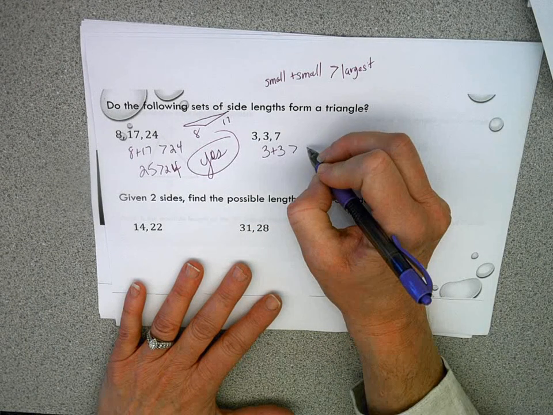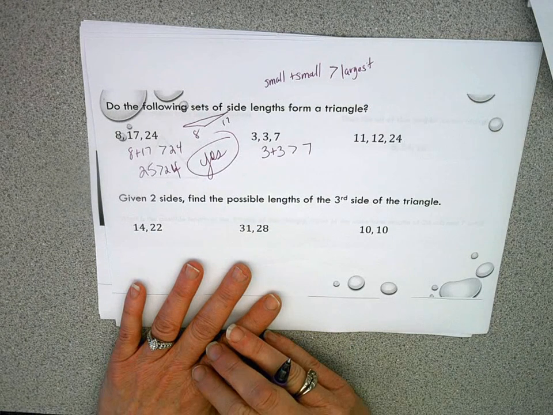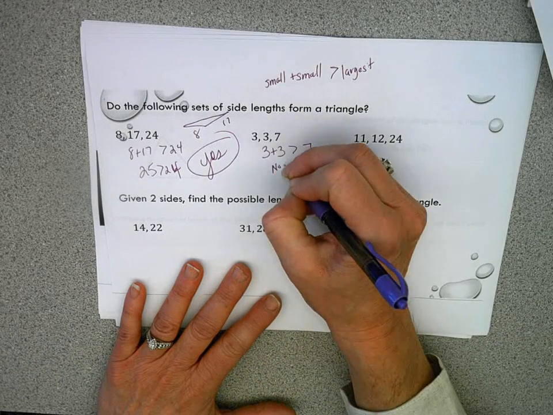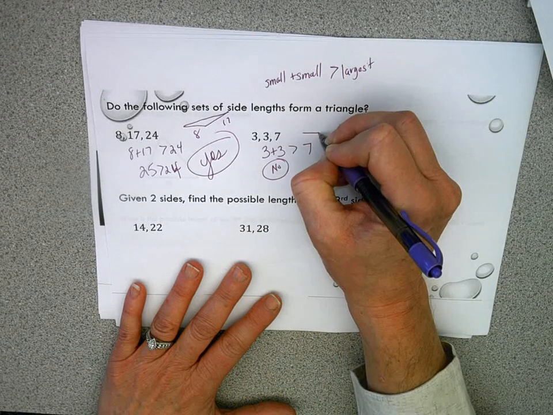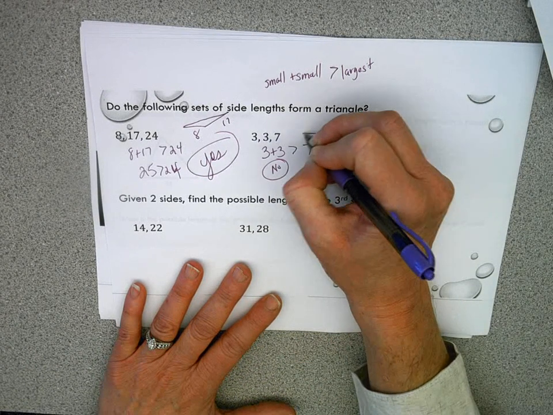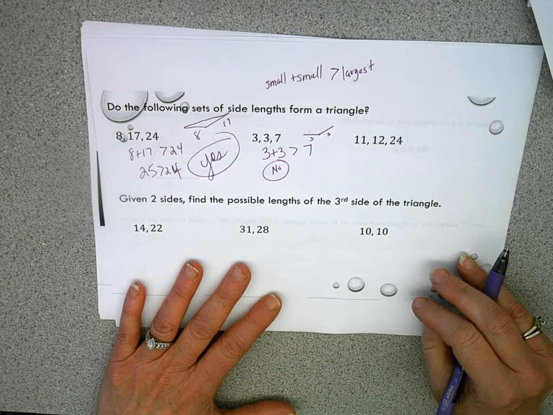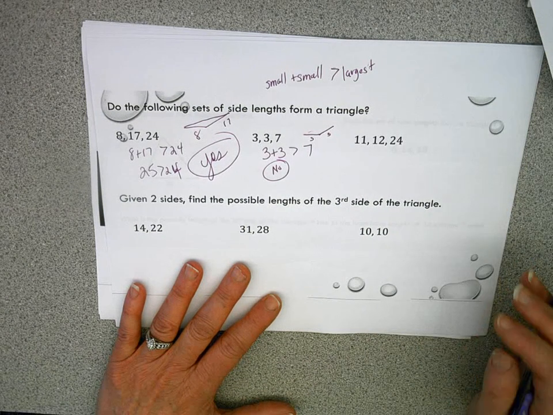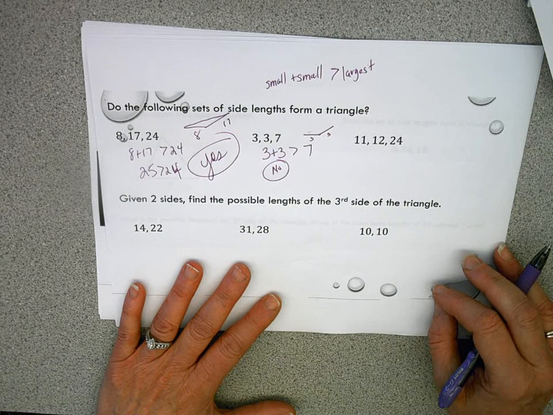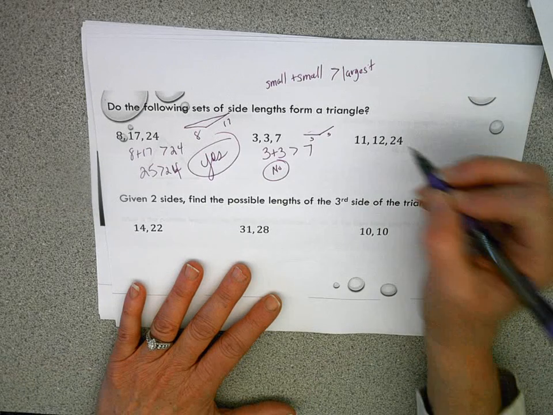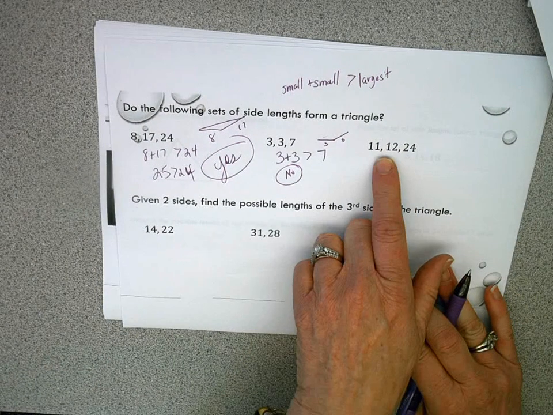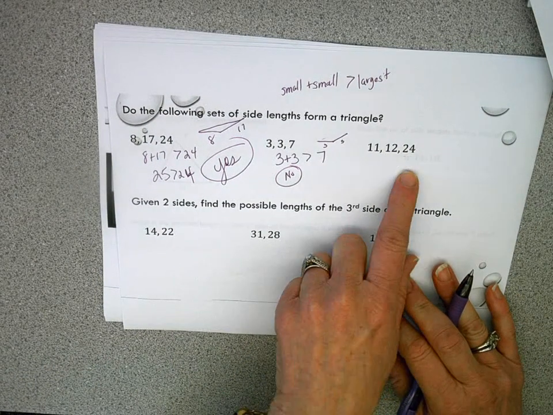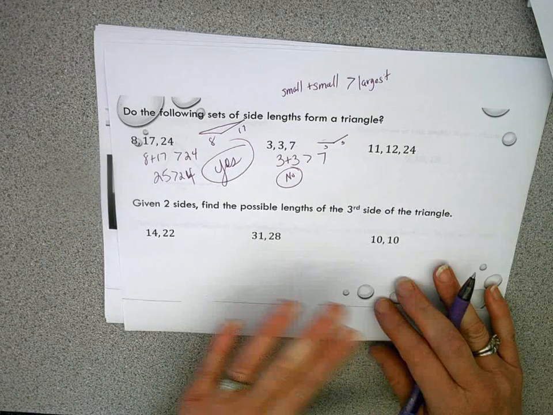Okay, what about the next one? Is 3 plus 3 greater than 7? The answer is no. There's no way that can make a triangle. If you had 3 and 3, there's no way 7 would be able to connect that. 7 is too big. Okay, last one. Again, it's nice when these are in order. If they're not in order, I would put them in order and put the largest one last, but it already is.